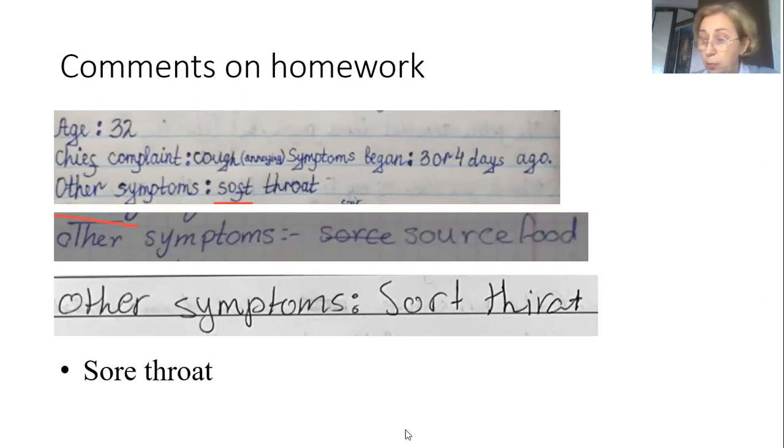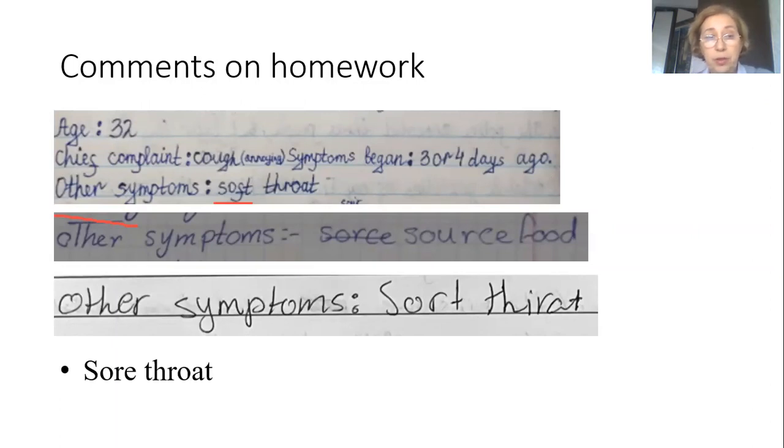Everything was great, but there were some mistakes. I found some mysterious phrases in some students' papers. Here are the screenshots from the papers, and this is about the symptoms that the patient in the video experiences. He's speaking about cough.